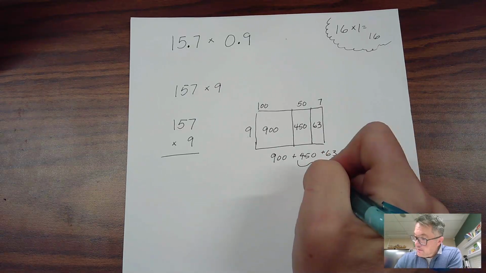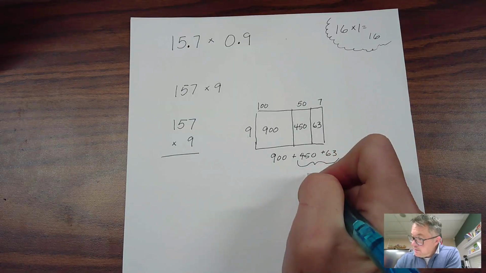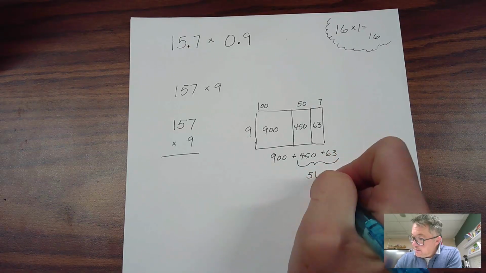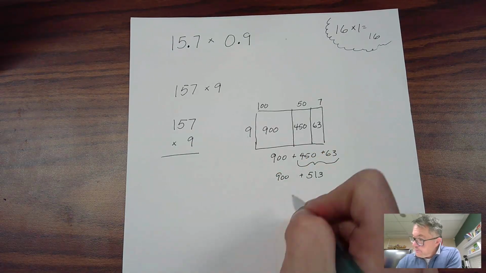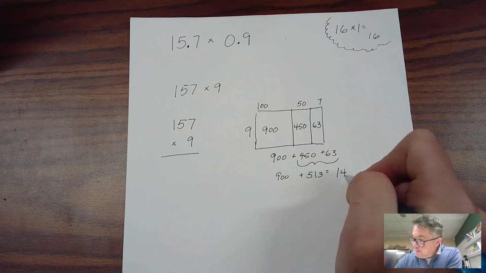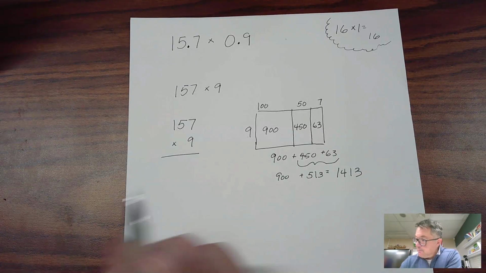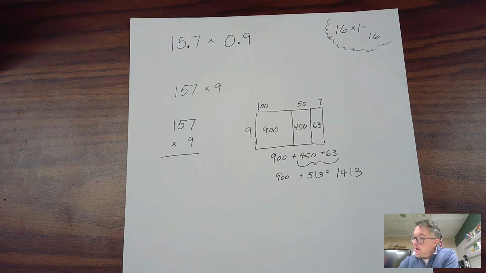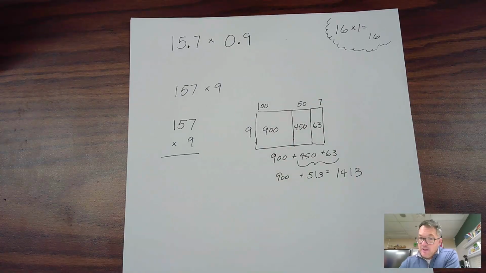Students might say, okay, 63 is 50 plus 13, so 513 plus 900, and that will give me 1,413. But I know I'm going to have to go back and think of where to place that decimal, so my answer lies around my estimate of 16.